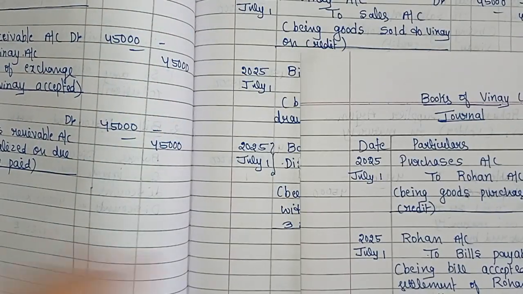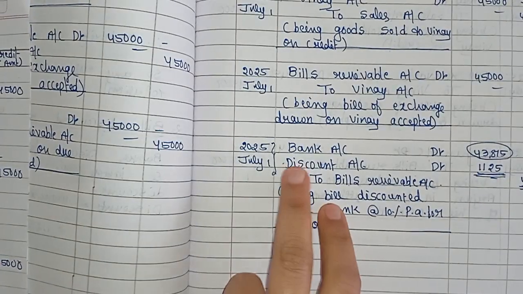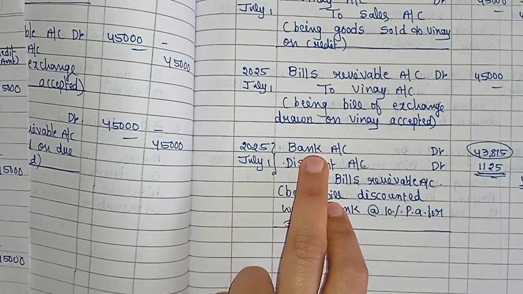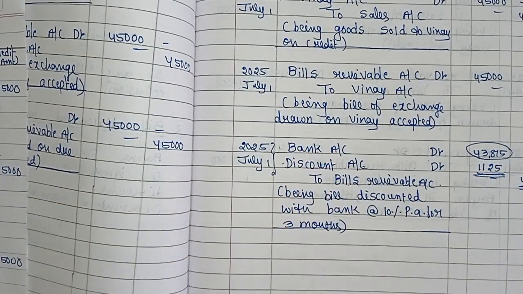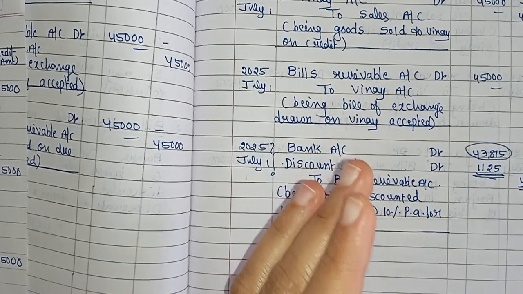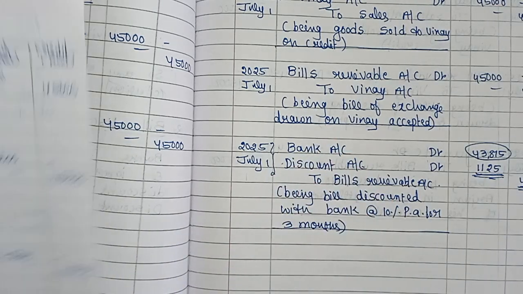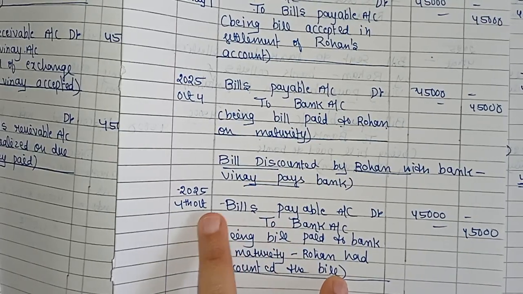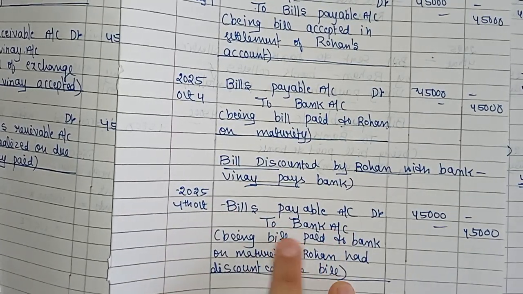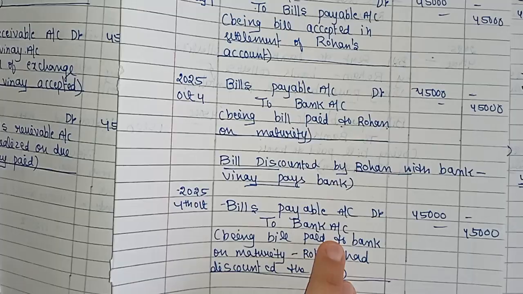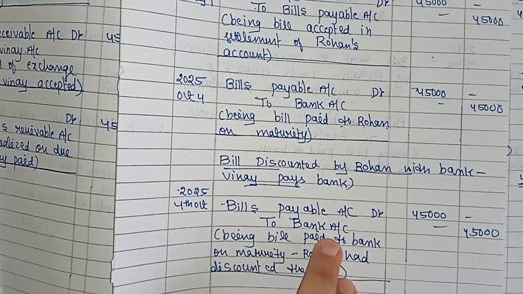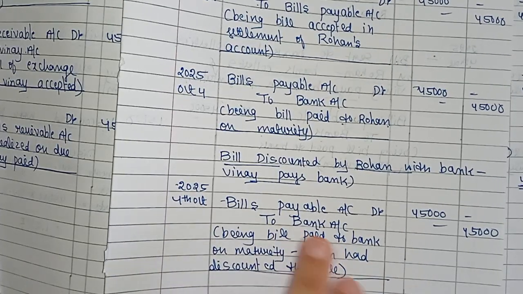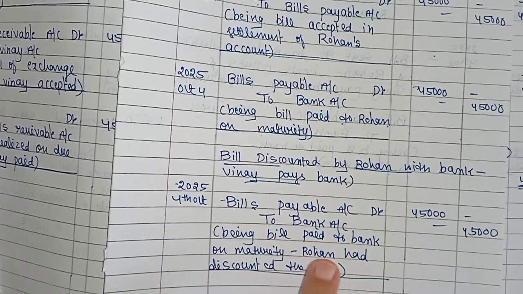So for this entry on July 1st 2025, this is the journal entry in the books of Rohan and there is no journal entry in the books of Vinay. The journal entry will come only on the due date, that is on 4th October 25, bills payable account debit to bank account. Means cash goes out. This is on maturity, that is in the books of Vinay.